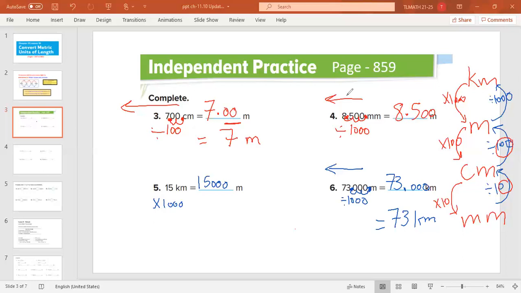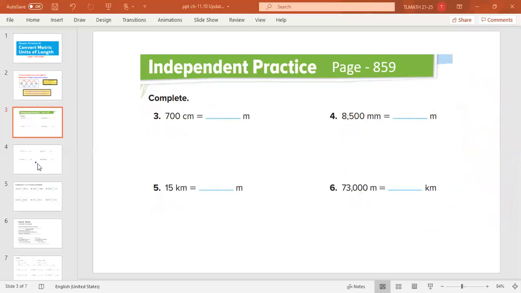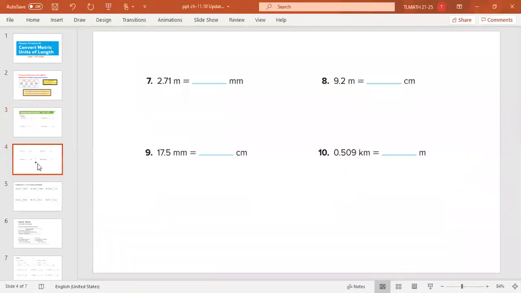It will be easy for you if you draw this diagram beside your questions. It will help. Now let's go to another example. Here also I'm going to convert from meter to millimeter. Now I'm going to jump over the centimeter. Don't forget to draw the diagram beside the questions.